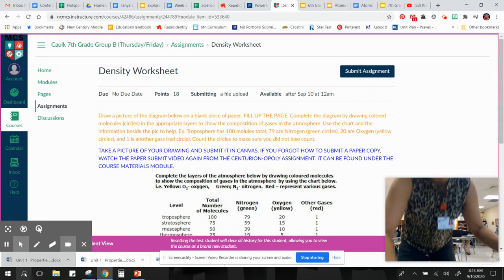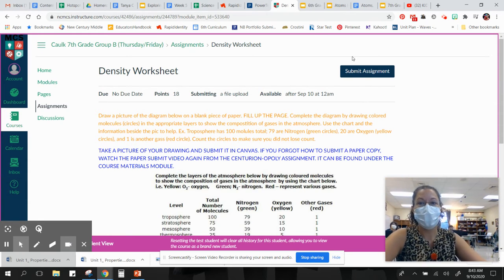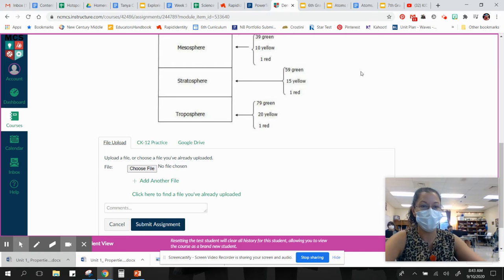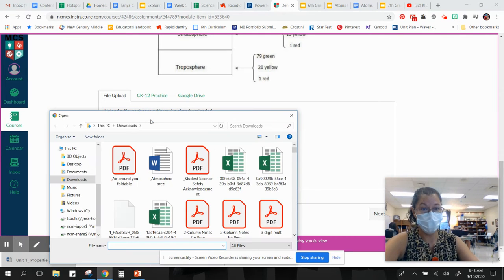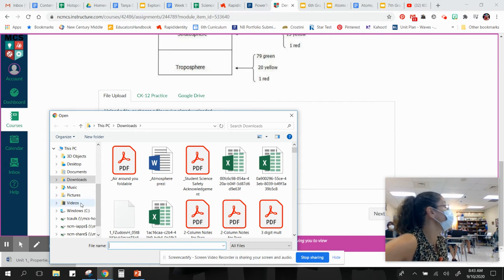Once you have that picture taken, you're going to go back to Canvas and click Submit. Then in File Upload, because we need to upload that picture file, you're going to choose File. Now, your box is a little bit different than mine. On the left-hand side of your box, you have a Recent button. When you click Recent, it will give you at the very top of the box the most recent thing that you put on your computer.